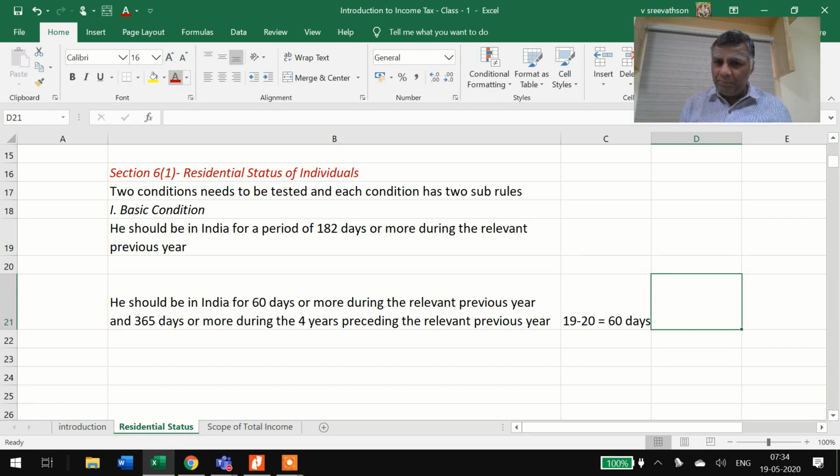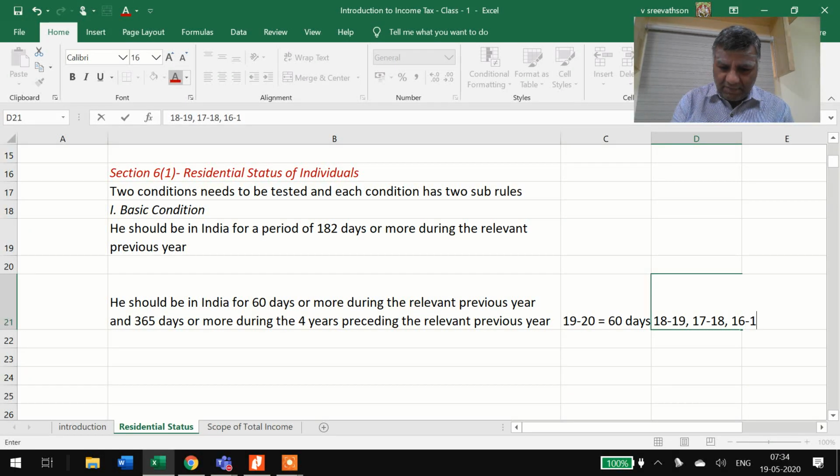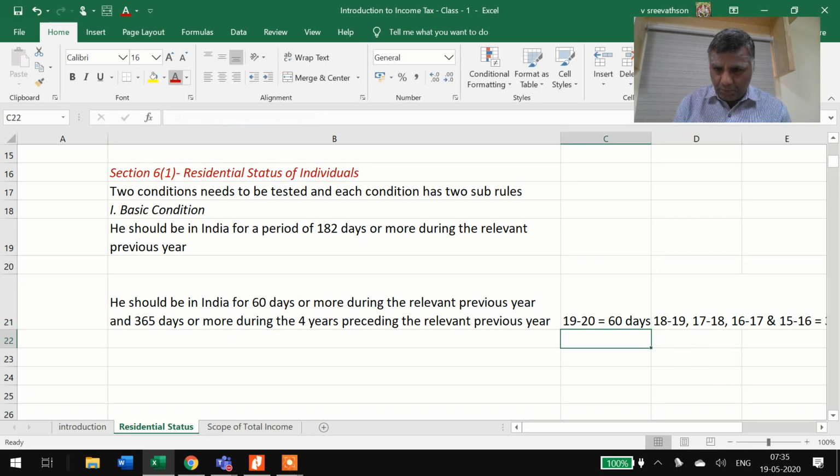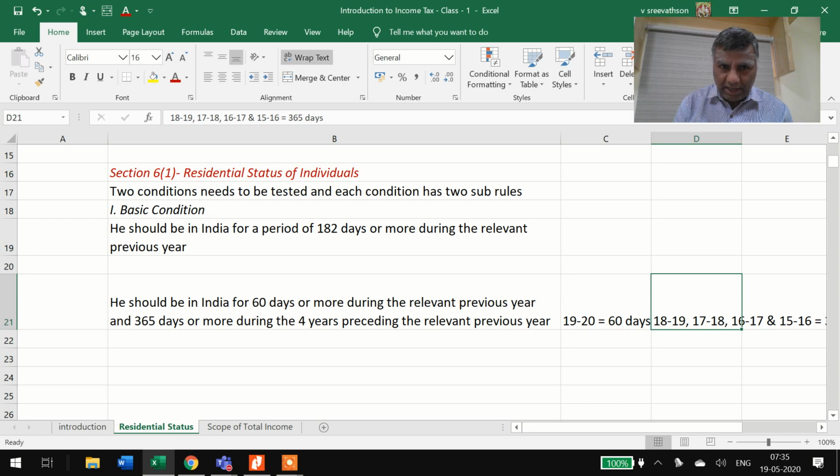In the 4 years preceding, that is 1819, 1718, 1617 and 1516, put together he should be there for 365 days.